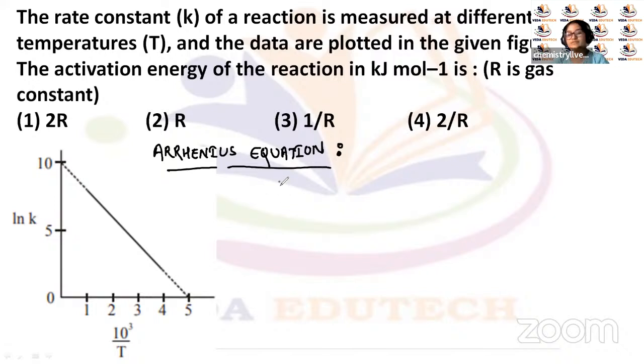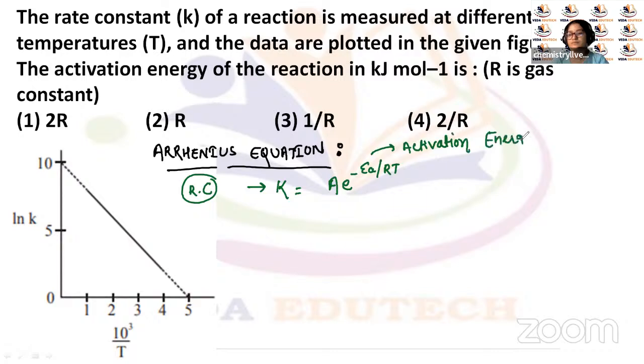So we have k equals A e to the power minus Ea by RT. This is your Arrhenius equation. k is a rate constant, Ea is your activation energy, T is the temperature, and R is your gas constant.